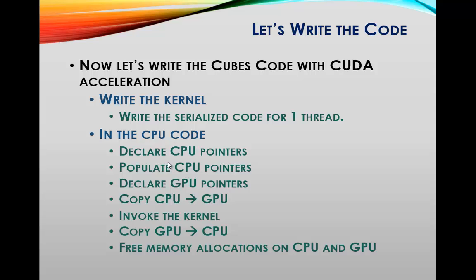The idea is to start writing a kernel. What we would do is we consider our kernel as a serialized code that works on one unit of data once, and it would be basically the code that we would run as one thread.